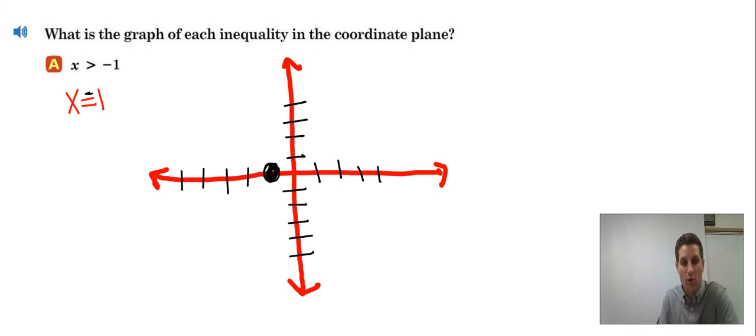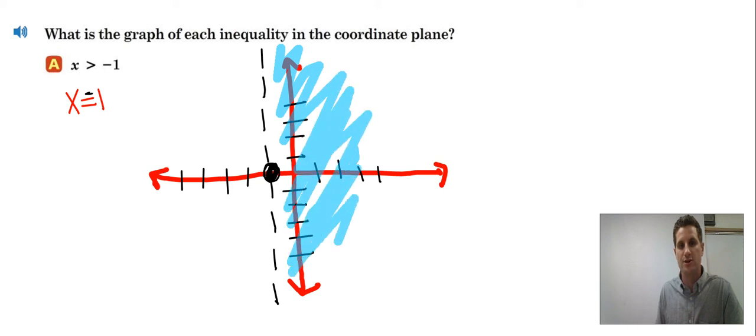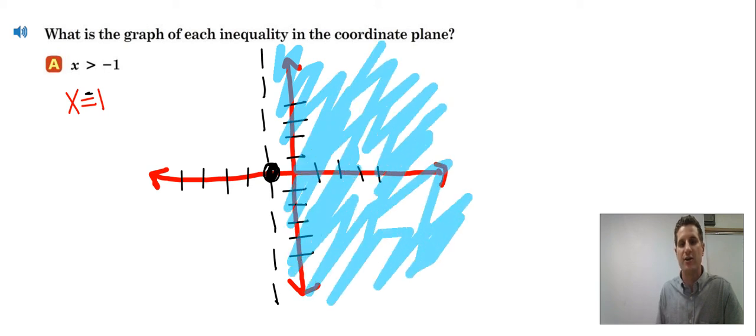Now we normally would draw a line up and down. This is a vertical line. But notice, we're not going to draw a solid line, we're going to do a dashed line. And it's greater than, so we are going to shade to the larger side. So any value over here will work.